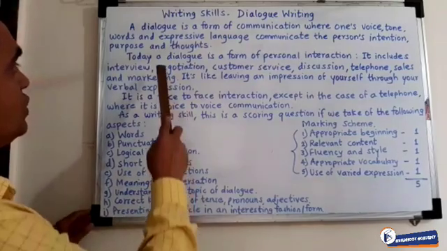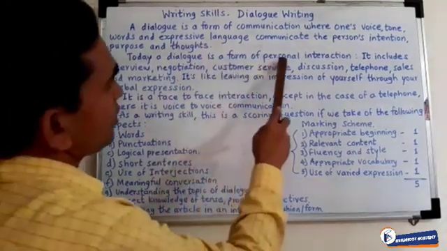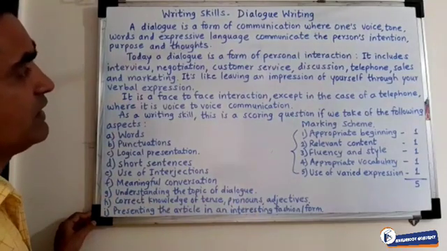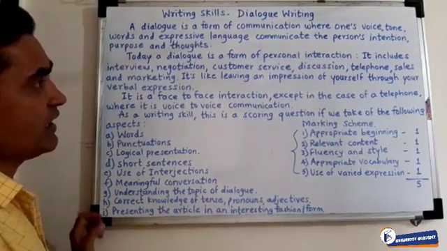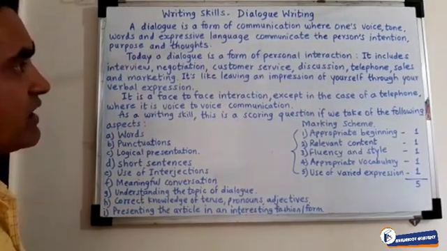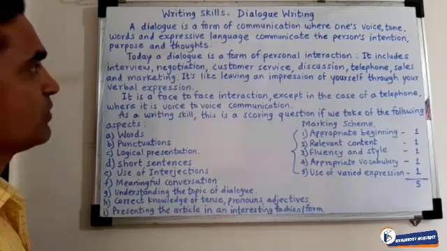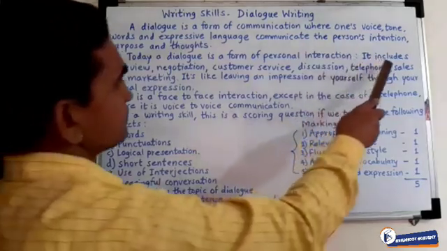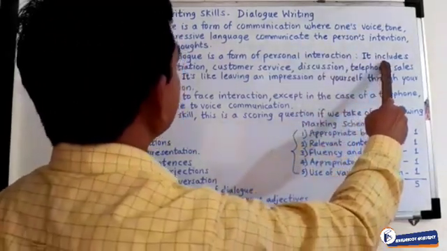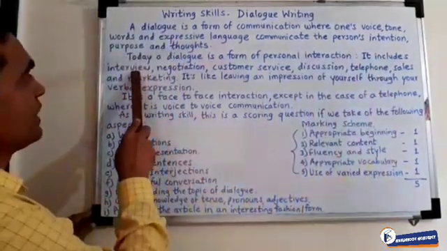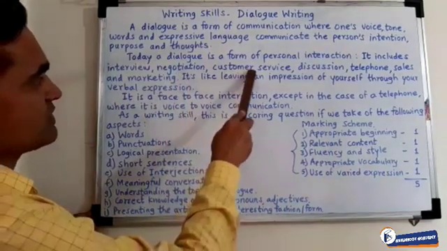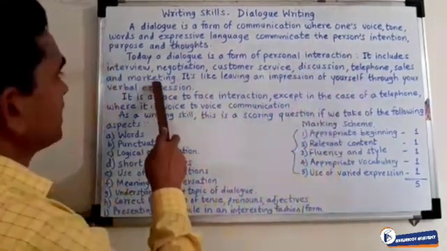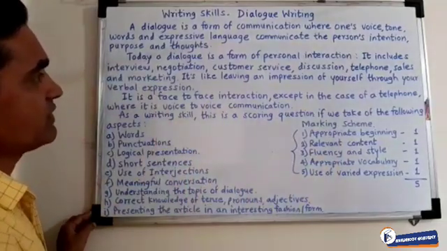A dialogue is a form of personal interaction. It means we are interacting between two persons or more than two persons by making a dialogue. What does a dialogue include? It includes interview, negotiation, customer service, discussion, telephone, sales and marketing. These are the areas where dialogue comes in.